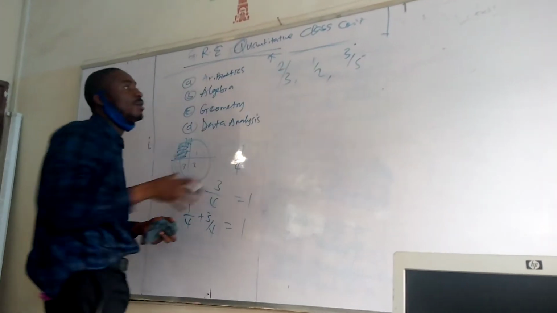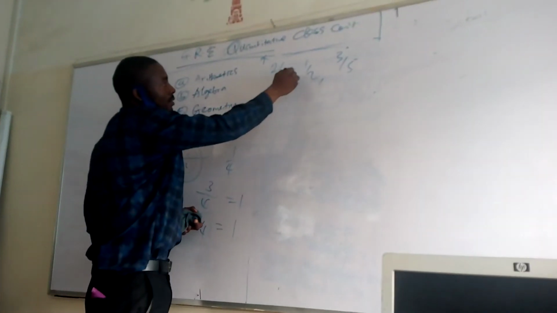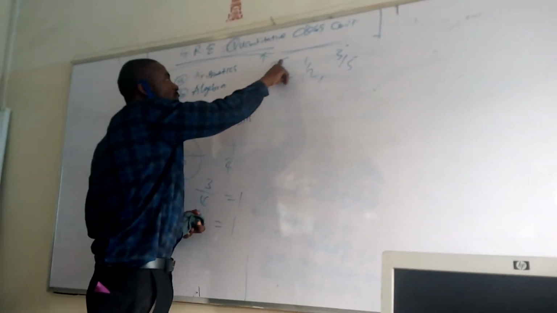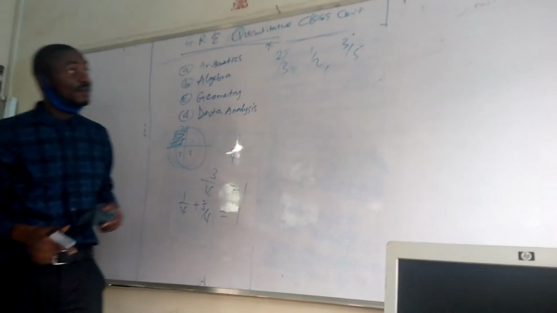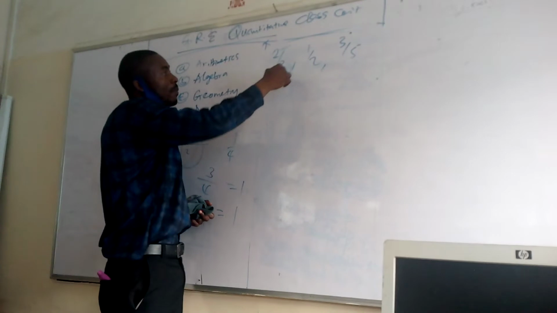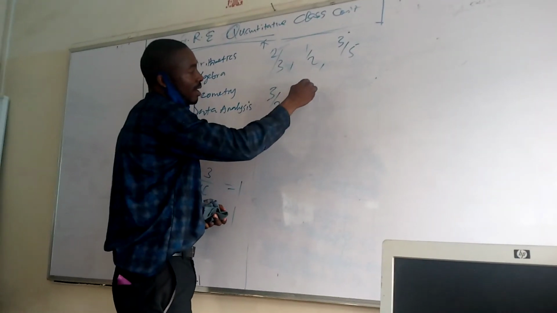All these are examples of a proper fraction. This is called the denominator, this is called the numerator. So if what is up is less than what is down, we have a proper fraction. And if what is up is greater than what is down, we have an improper fraction.